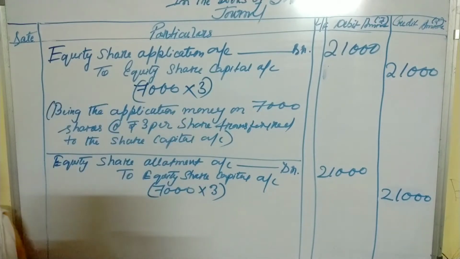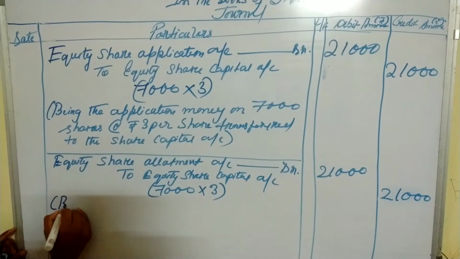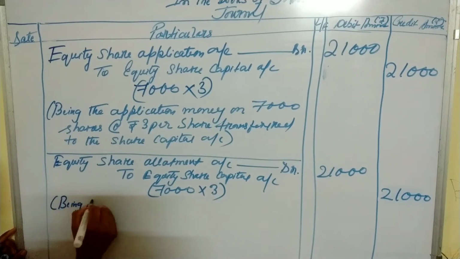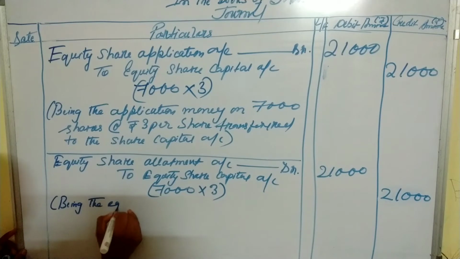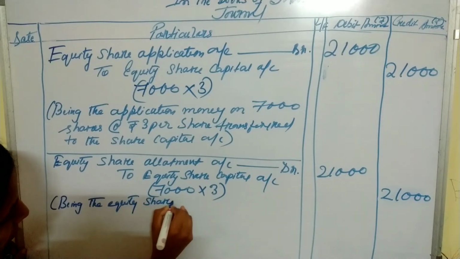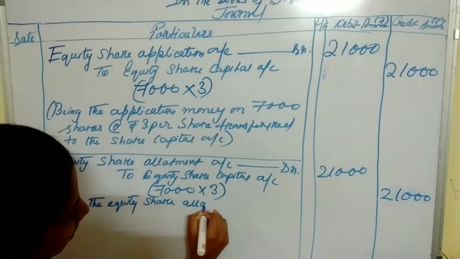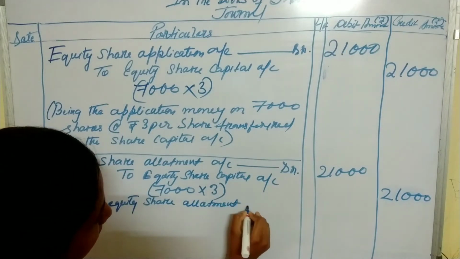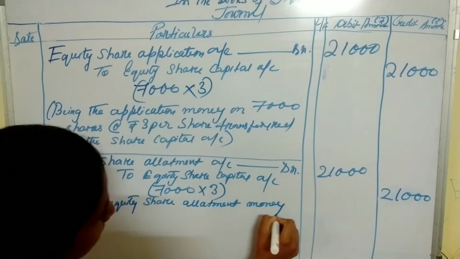Now we will write the narration. Being the equity share allotment money due.